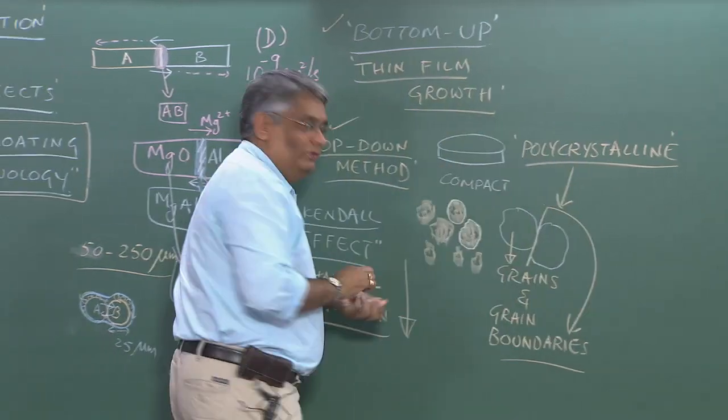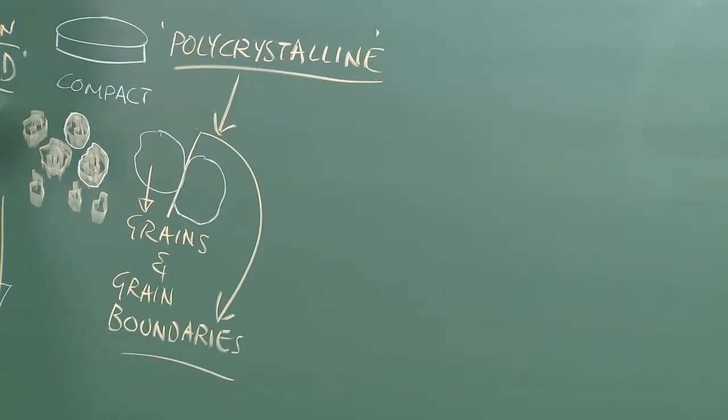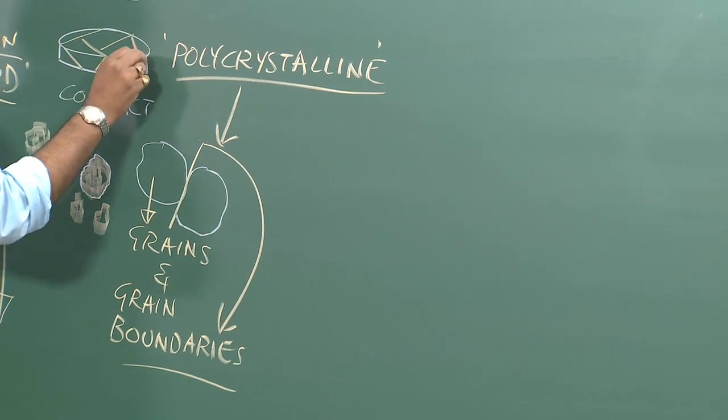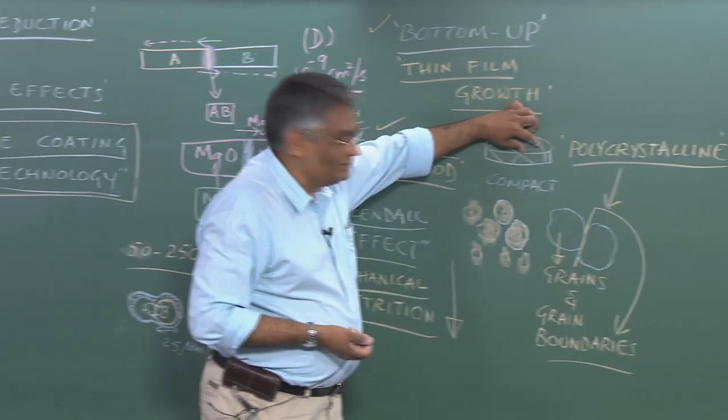So if you actually look at the microscopic picture of this bulk material, it consists of a large number of grains and grain boundaries. So a grain is a single crystal.